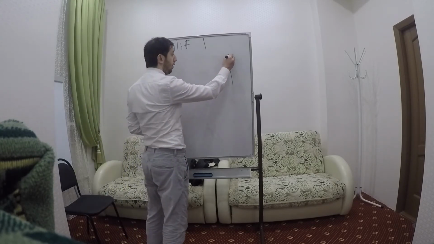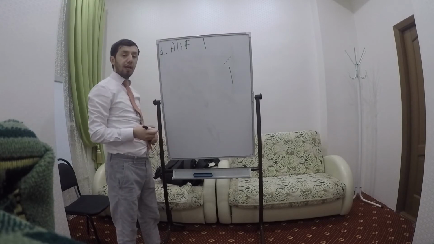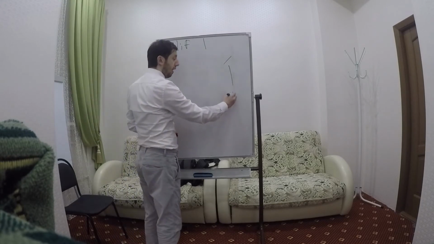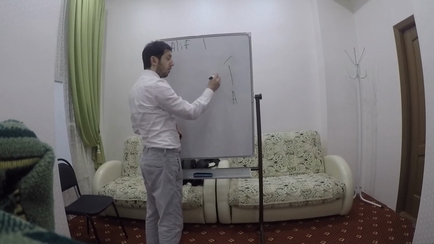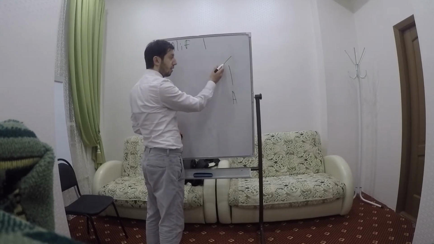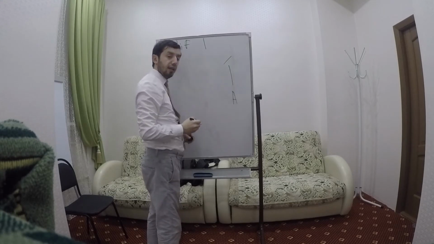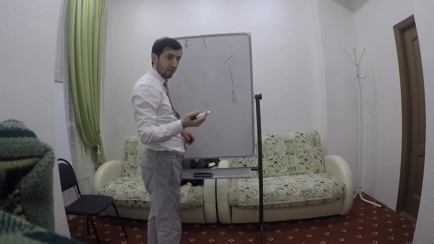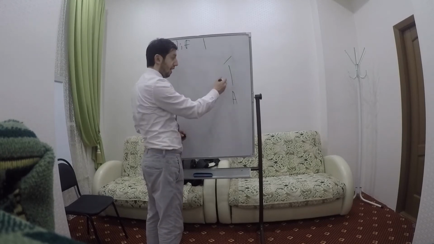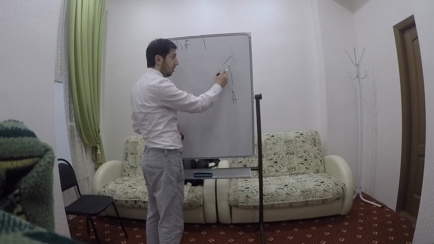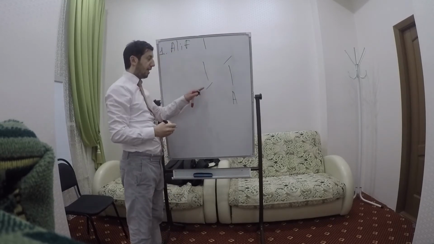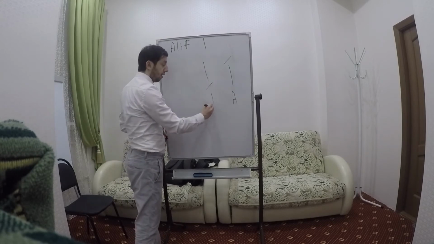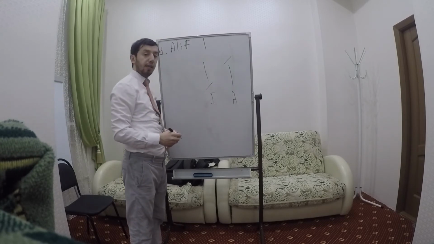But if I put fatha on the alif, it will be a. We don't say alif a. It is a mistake. It is just a. If I put kasra under the alif, it will be e.